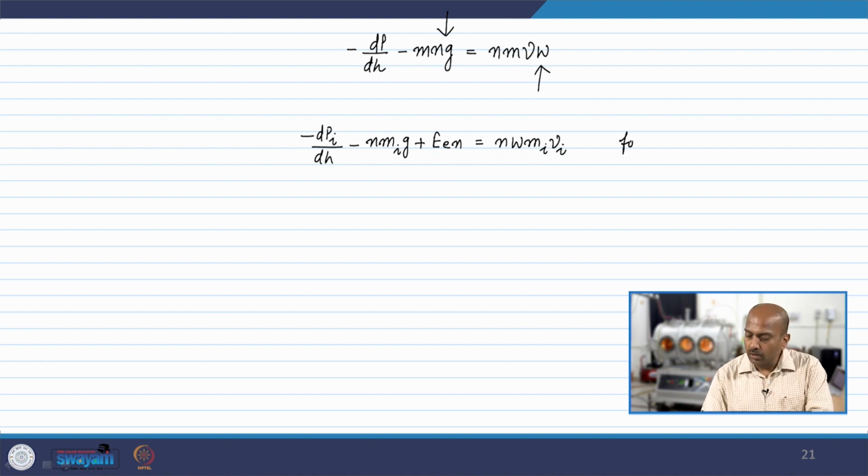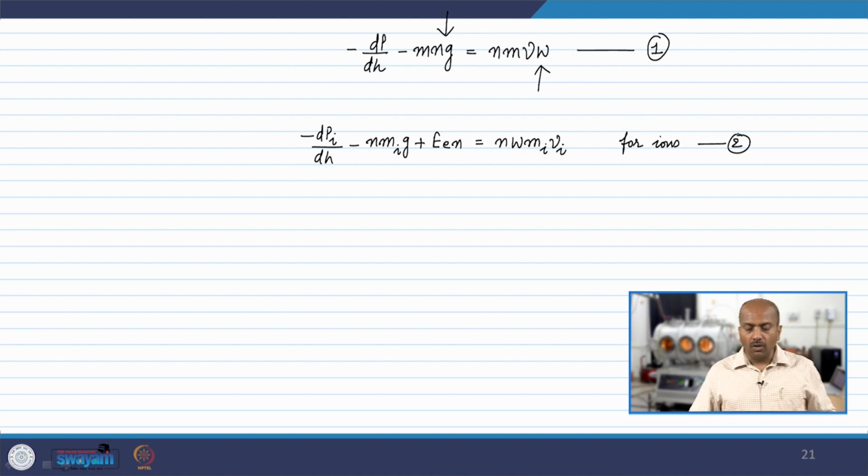This is for ions. Let us call this equation number 1 and this equation number 2. You see this dp by dh, the force is exactly opposite to the pressure gradient, so this minus sign is justified.